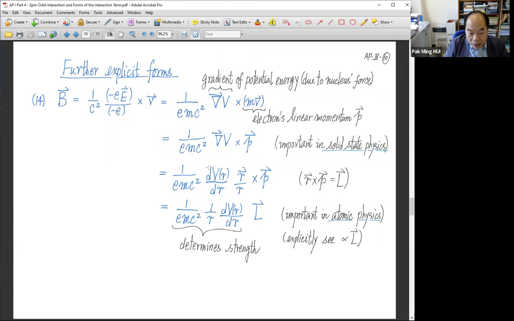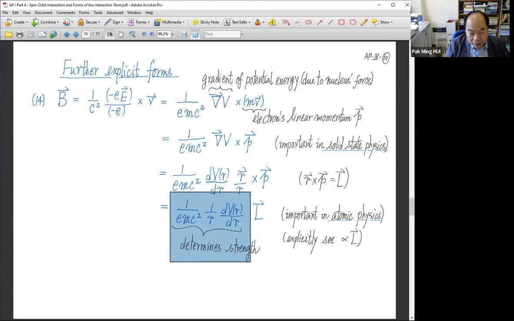Now, if I write this, then behind the scenes, maybe I'm thinking about one atom. From the nucleus, I have this central force. The E field is radially outward, so I have dV/dr. Okay? And then if I now represent r cross p being the angular momentum, then finally I have a form very useful in atomic physics. Okay?